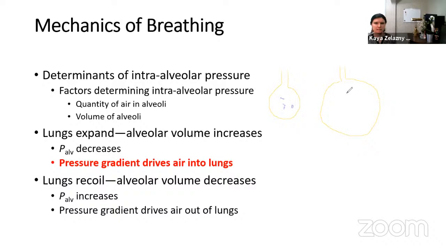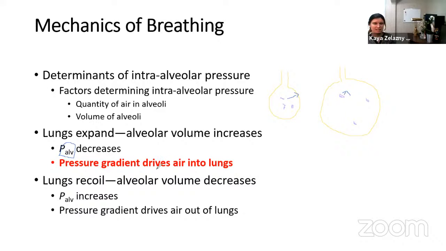As this container expands, our 3 little molecules now have way more room. So they were exerting a certain amount of pressure in this first situation, and now they're exerting less pressure in the second situation because they're more spread out, essentially. So as the lungs expand, as those alveoli get bigger, our alveolar pressure is going to decrease.